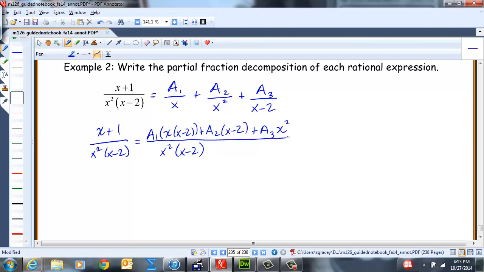Okay, so now that we have the same denominator, I'm seeing that I'm going to have a squared term, and I don't have a squared term here on the left. So I'm going to say 0x squared plus 1x plus 1 equals a1 times x squared minus 2 times a1 times x plus a2 times x minus 2 times a2 plus a3 times x squared.